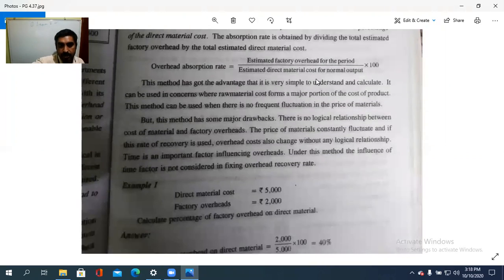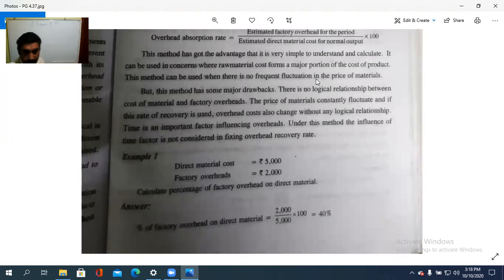For example, estimated factory overhead for the period is given in the question. Under this, the last two, labor hour rate and machine hour rate, are very important. Factory overhead is 2000. Estimated direct material cost for the normal output, also given in the question, is 5000.